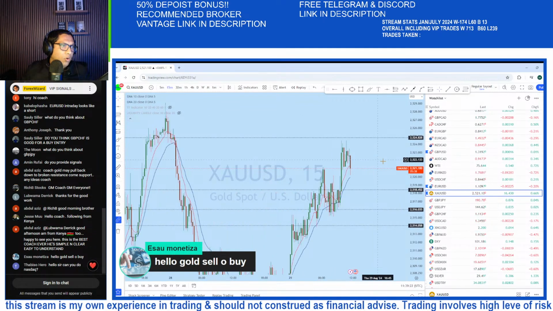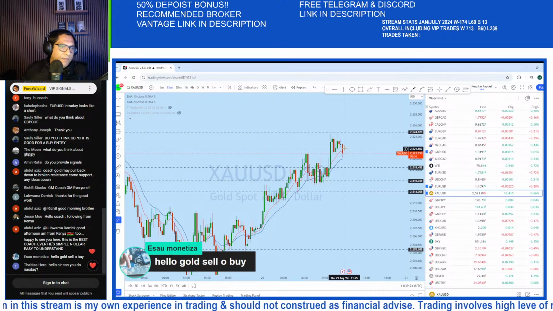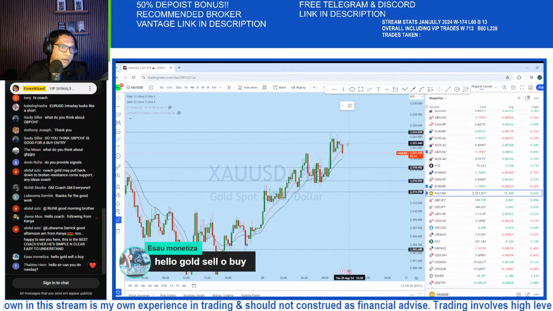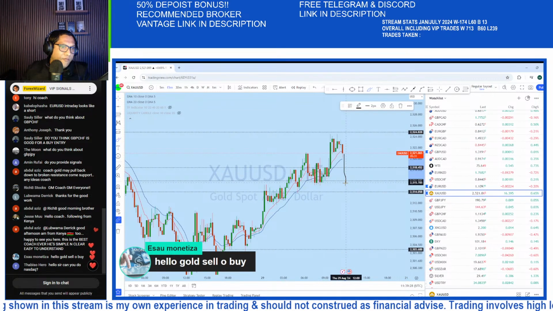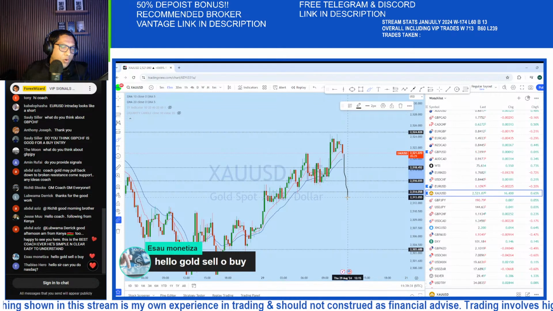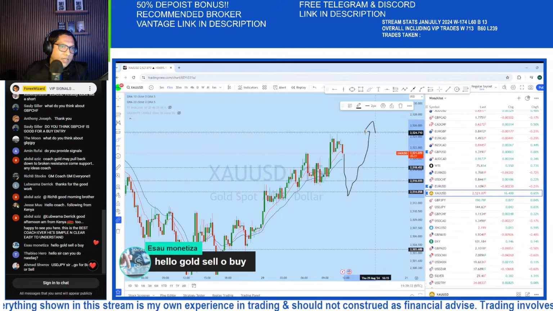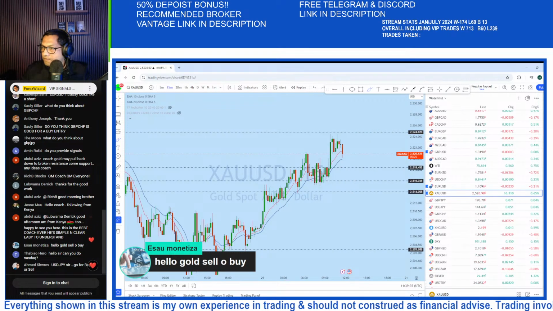So you can see that on gold, it's in a downside here, expecting it to drop further, even break below, and then to trend in that direction. We'll see what's happening.